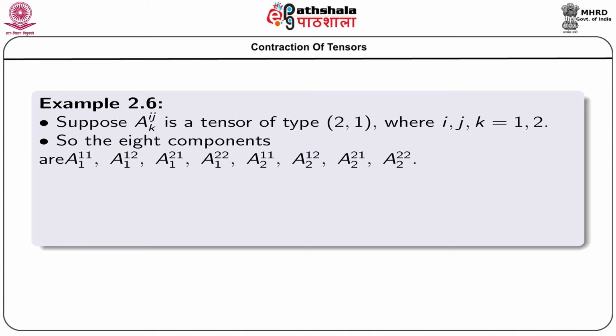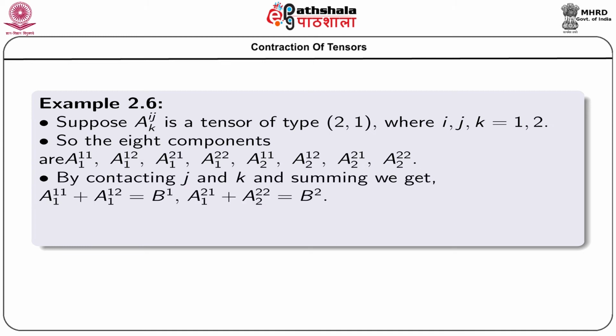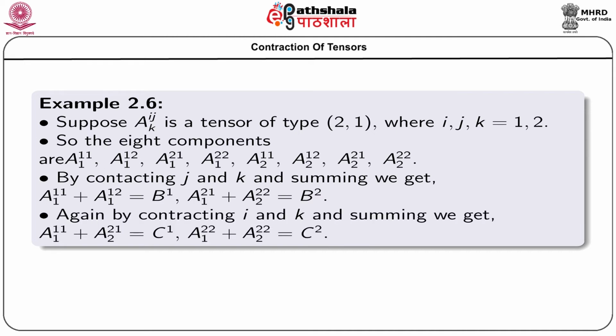Now, if I take the contraction by contracting j and k and summing, we take j and k equal, so we get 2 components: A111 plus A121, which we denote by B1, and A211 plus A222, which we denote by B2. And here we can make another contraction, that is i equal to k.